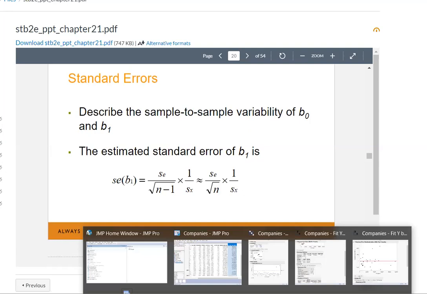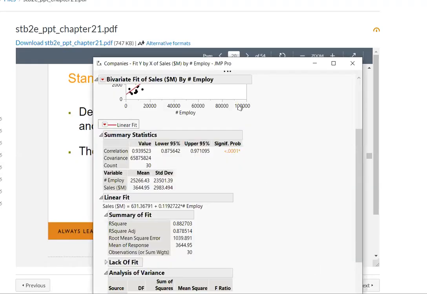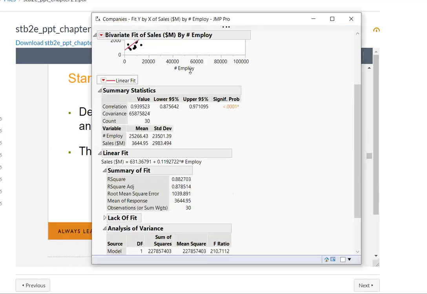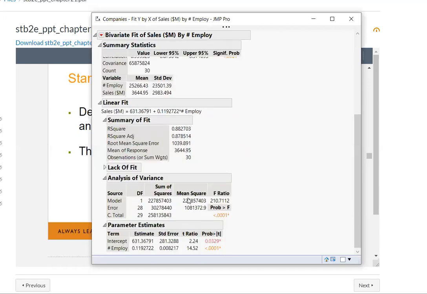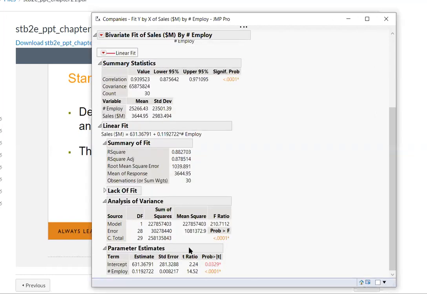So let me show you very fast. Yeah, this is the regression result. This is the fit line result, right? You go down to the end, the parameter estimates part. Under parameter estimates, you have number of employees, that's the slope, right? The actual slope value is 0.119.